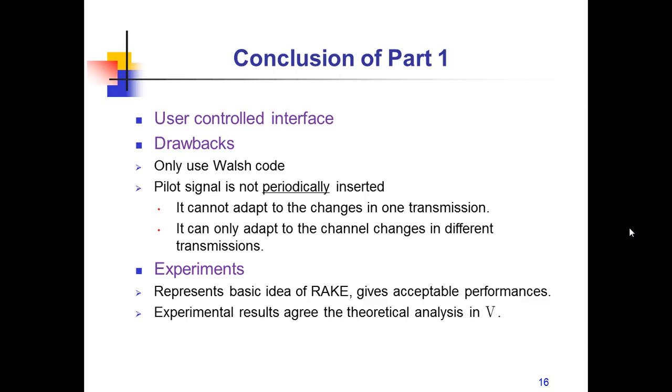Hence, it cannot adapt to the changes in one transmission. It can only adapt to the channel changes in different transmissions. That is to say, if the channel condition changes too fast in one transmission, the channel estimation will be degraded significantly. Those are the drawbacks that need to be improved.